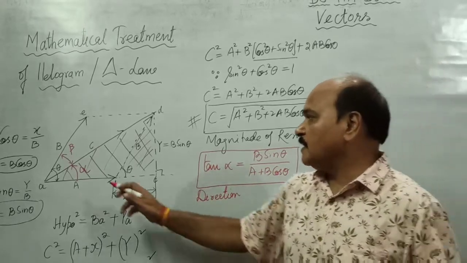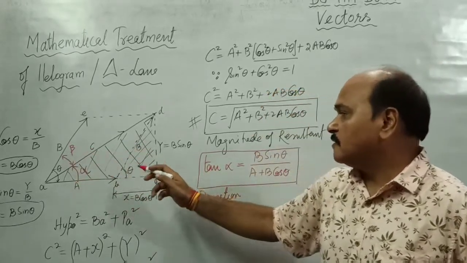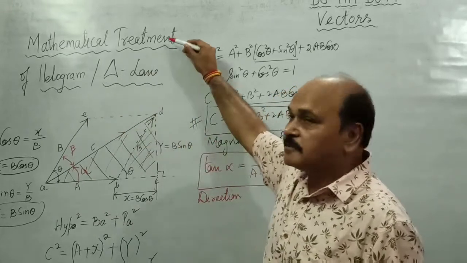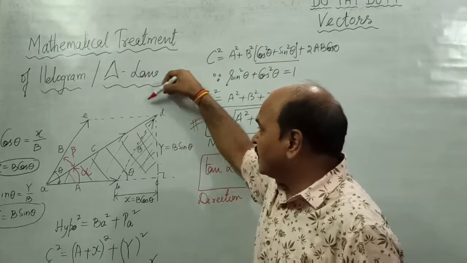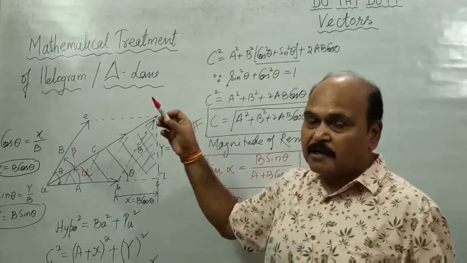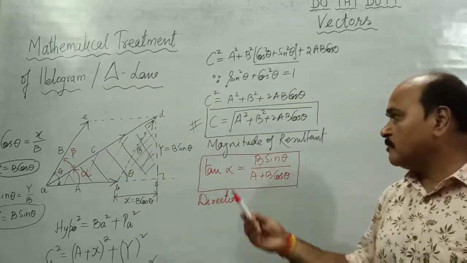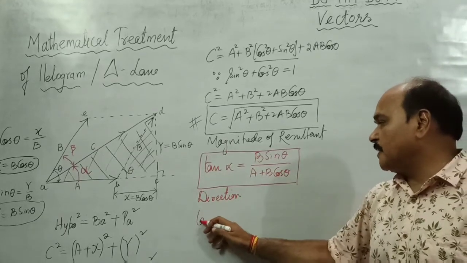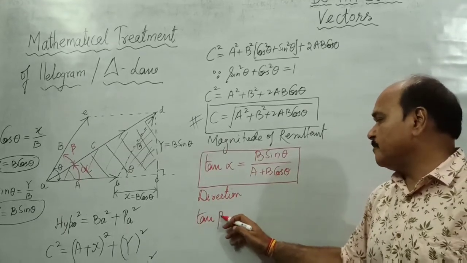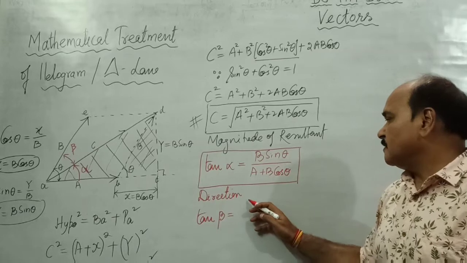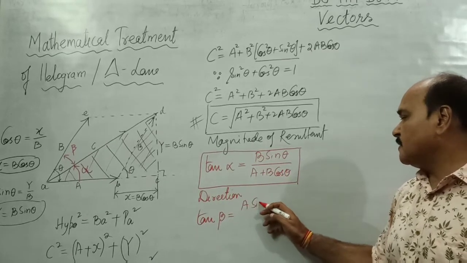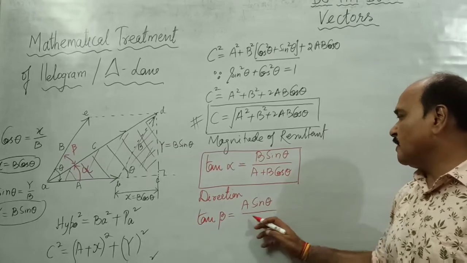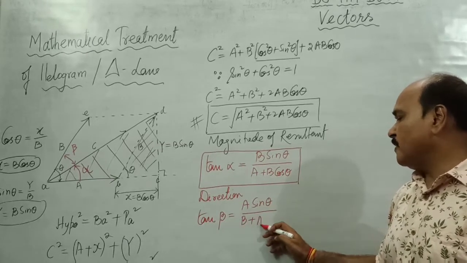If we find out this angle beta, for that we have to extrapolate this and draw a normal in this direction. We'll take this right angle triangle and then the bigger right angle triangle exactly in the same way, and we'll find out tangent of beta as simply, A and B are going to be interchanged: A sin theta upon B plus A cos theta.